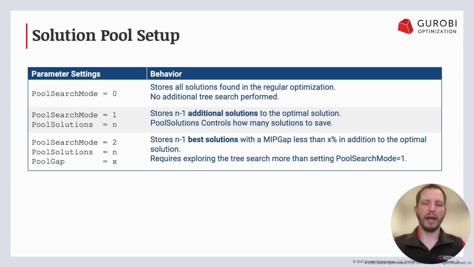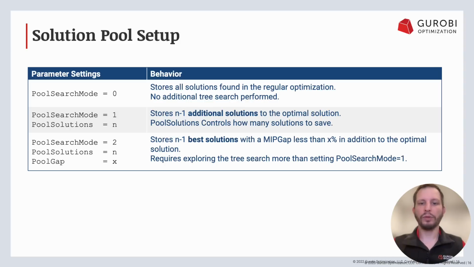You just go through the optimization as normal, and you hang on to every solution that you come across. Again, think about branch and bound. You get solutions that are integers, and you hang on to all of those, but you're not going to do anything fancy to find more. When your pool search mode is 1 and your pool solutions is n, you're going to store n-1 additional solutions. So it's a specific number.